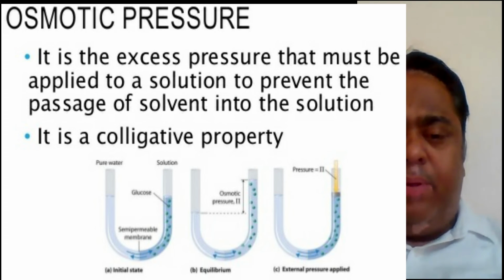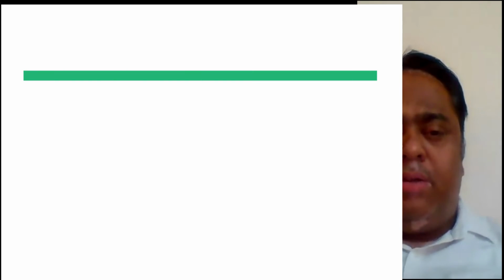When it swells up, the pressure of the solvent inside the raisin and the pressure of the solvent outside the raisin become equal, and no more solvent is absorbed or moved through the semi-permeable membrane. This is called osmotic pressure.